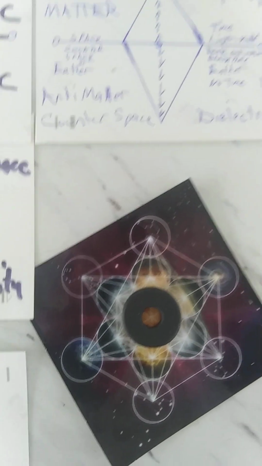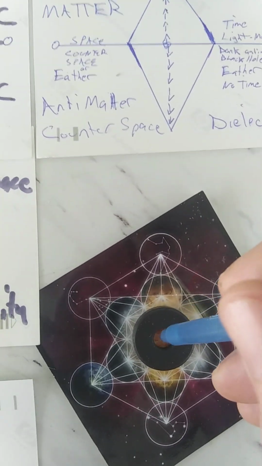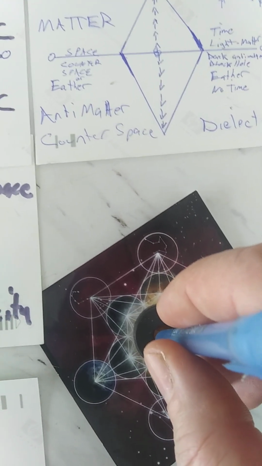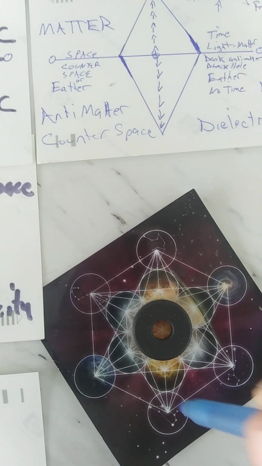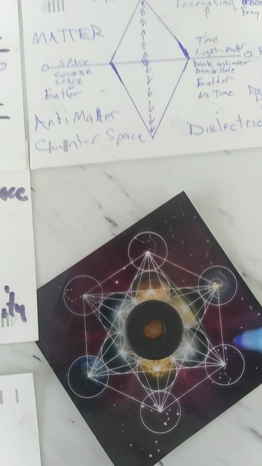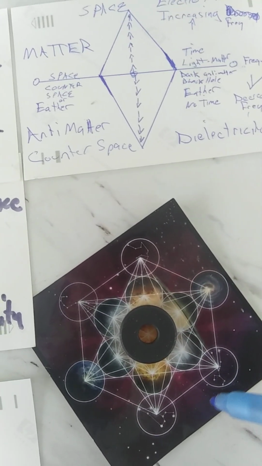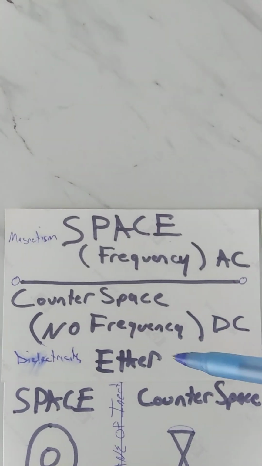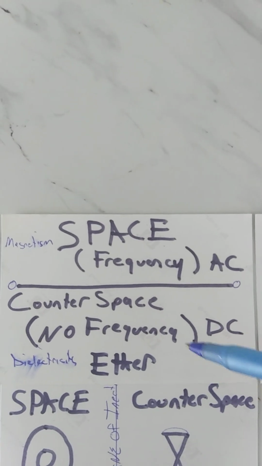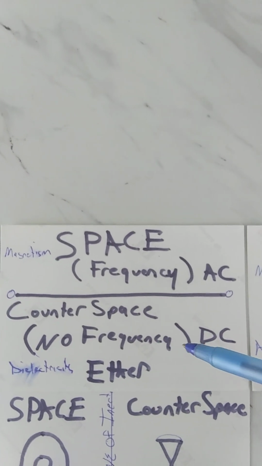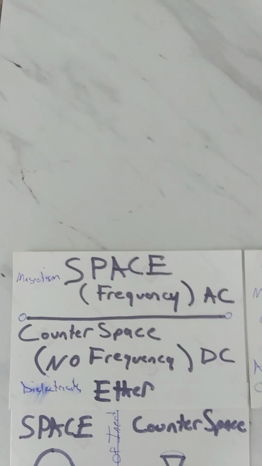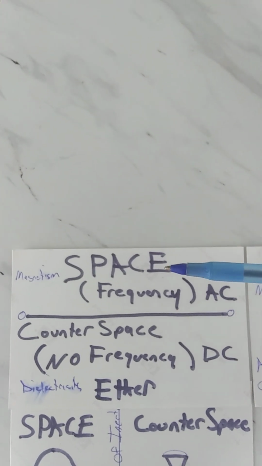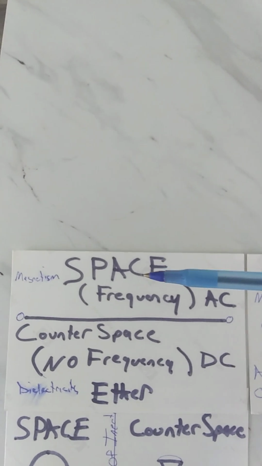Your conscious thoughts are able to project from the holos and reach out and touch any one of these points in time and space near instantaneously, because you are using dielectricity or ether that has no wave component, it has no frequency, it's like DC, as opposed to space, which has frequency, which has a wave component like AC, and can only operate at 186,000 miles per second.